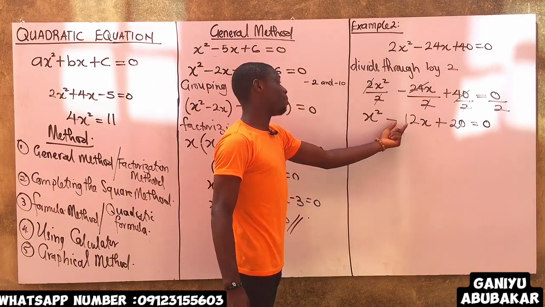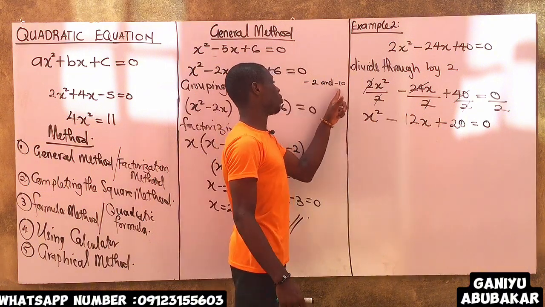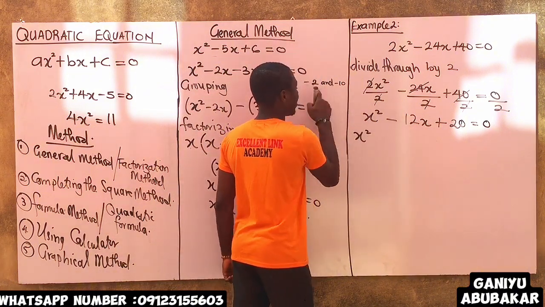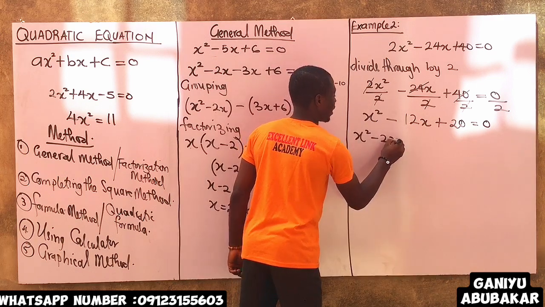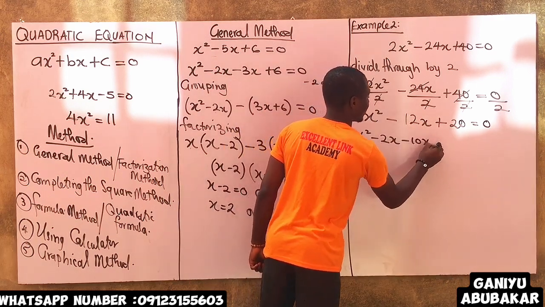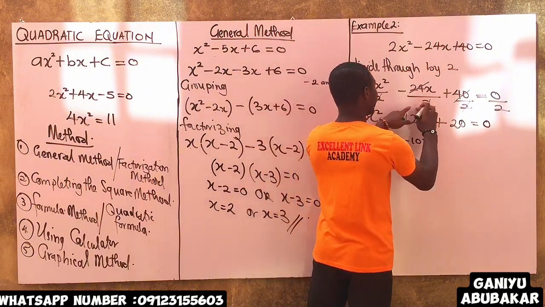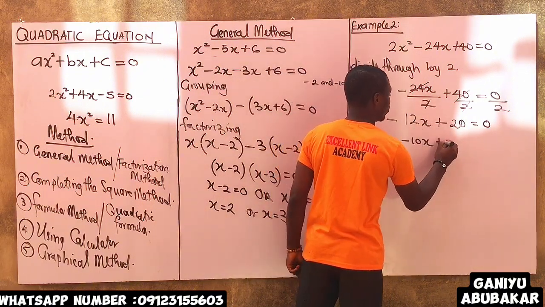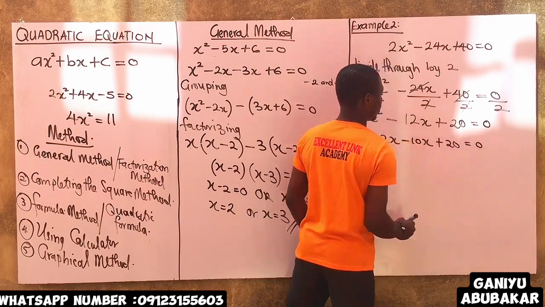So I'm replacing this value here with these two numbers. I'll have x squared minus 2x, minus 10x, so replace the one in the middle with these two values. Then I have plus 20 to be equal to 0.